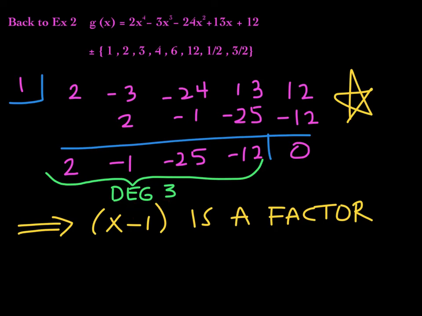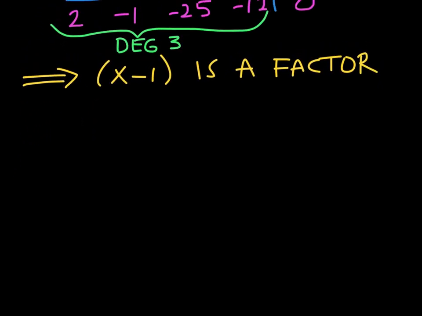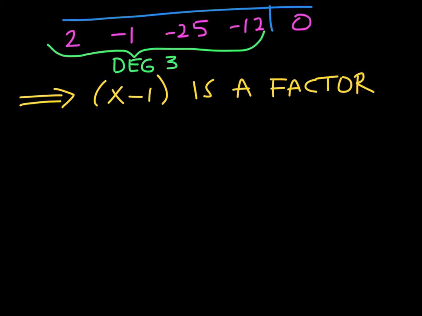Now, let me move up here a little bit. What I'm going to do is try a different value. Remember, I am going to use these coefficients now, the brand new coefficients of the reduced or depressed polynomial. Now, I actually said something wrong. I just finished saying I'm going to try a different value.